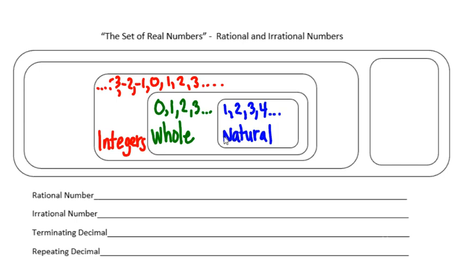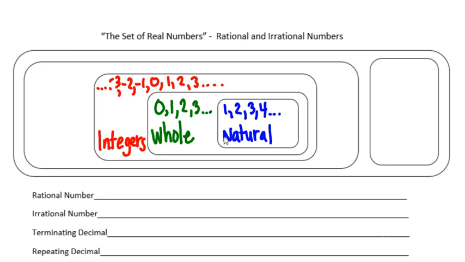Those are integers. Now, don't be fooled. Just because a number is negative does not make it an integer. If a number is negative, it still needs to be a negative version of a whole number. So -5 is an integer, but -5.5 is not an integer because that's not an opposite of a whole number.